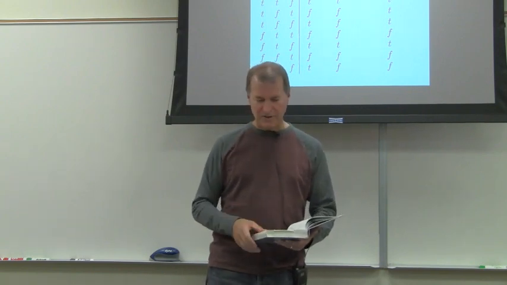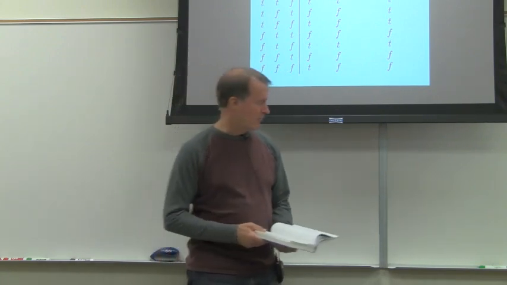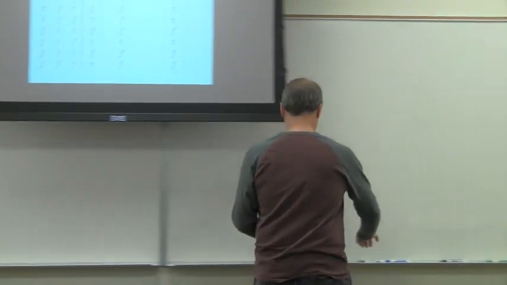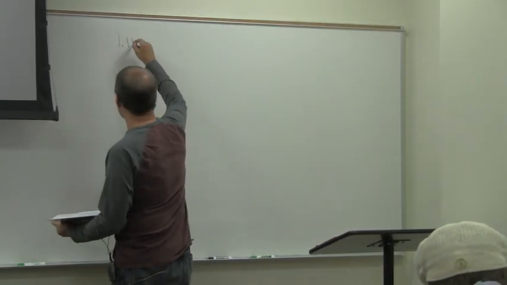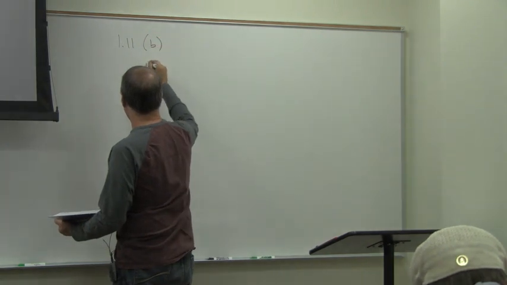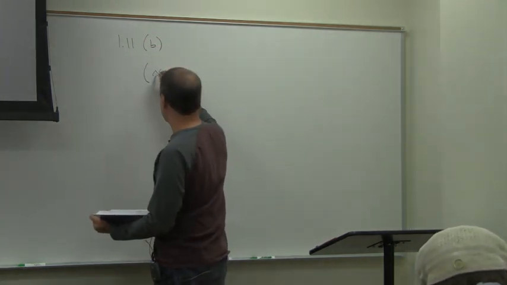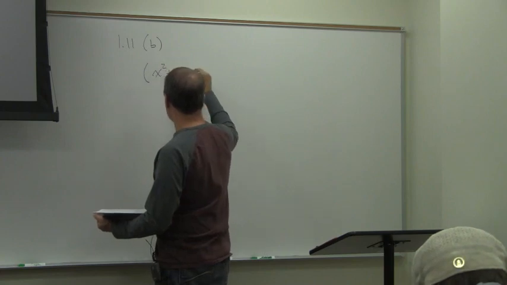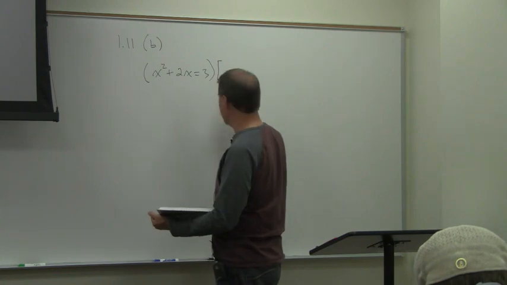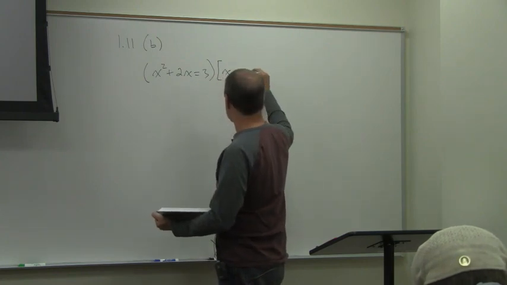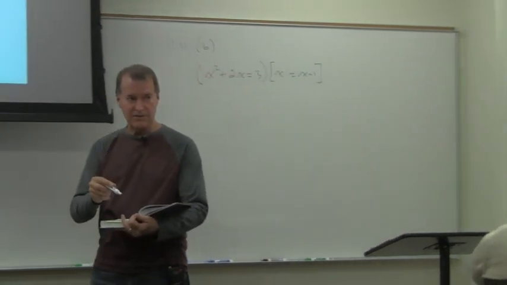No, it would not. With 1.11b, you have to do it like this: x squared plus 2x equals 3, and this whole thing has to be textually substituted with x gets x minus 1. So there's only one answer.